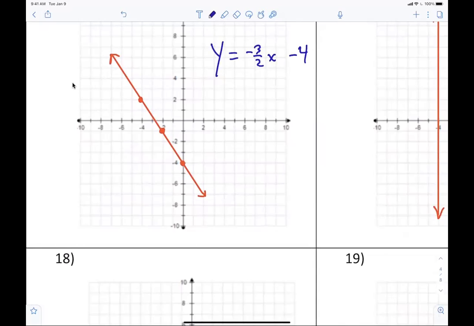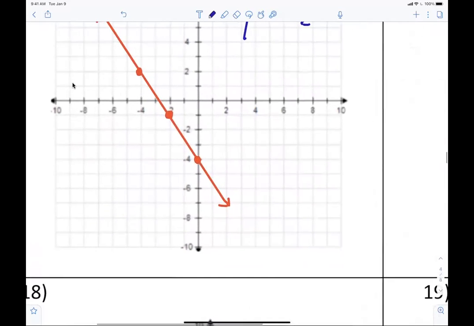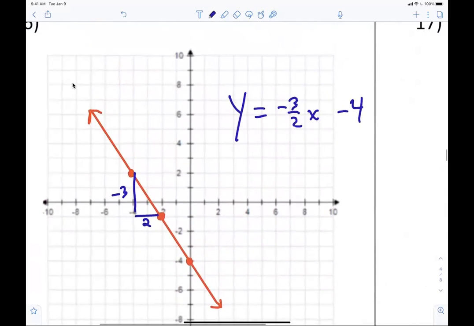I'm good with that. I went down 3, which is -3, and to the right 2. But as you were fully aware, 3 over -2 is the same thing, which is the same as -3 over 2. All right, nothing to it.